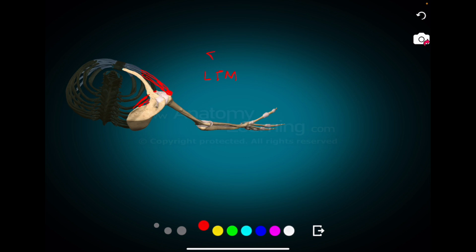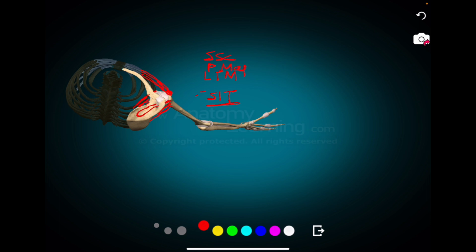So subscapularis and pectoralis major will internally rotate, and all muscles attached to the greater tuberosity, which are the supraspinatus, the infraspinatus, and the teres minor, will externally rotate the scapulo-humeral joint.